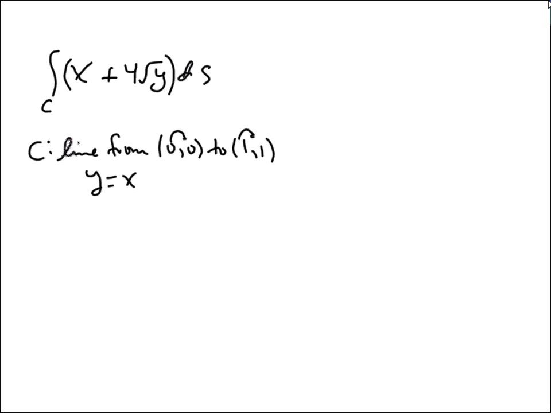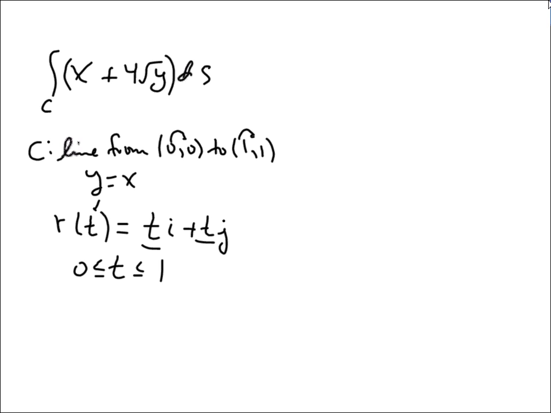So now we have to define r of t. R of t, well, it's just going to be ti plus, of course, tj, because x and y must be equal. And t goes between 0 and 1. For example, r of 0 would be 0i plus 0j, which is 0, 0.